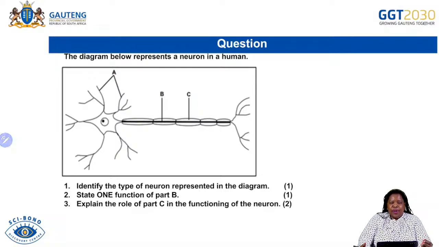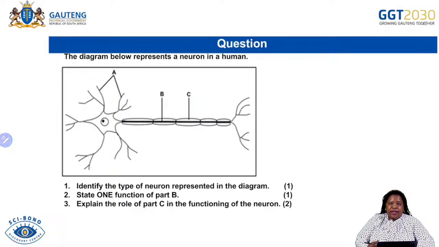The human has millions of neurons in the entire body. So you need to identify the type of neuron by looking at the position of the cell body.